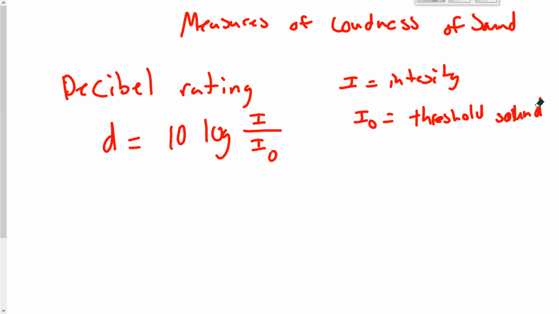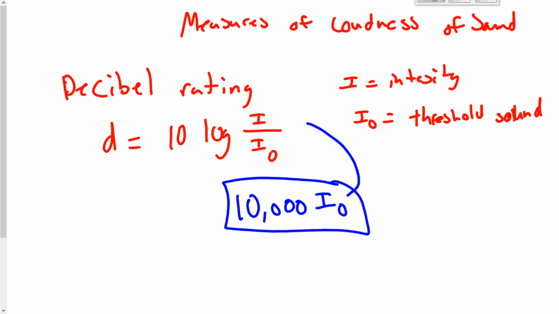Okay, so if we want to find the decibel rating, if the intensity of our sound is 10,000 I sub 0, we're going to replace I with our 10,000 I sub 0.